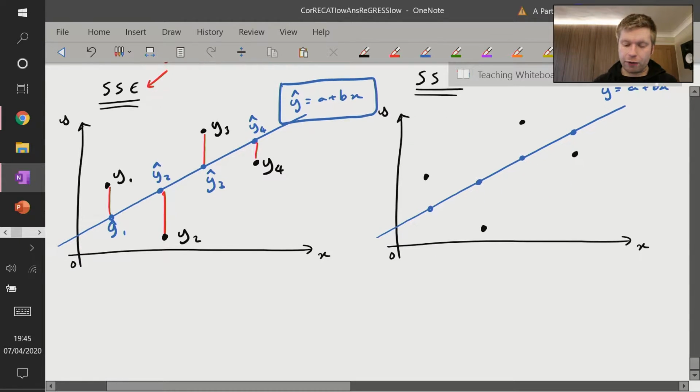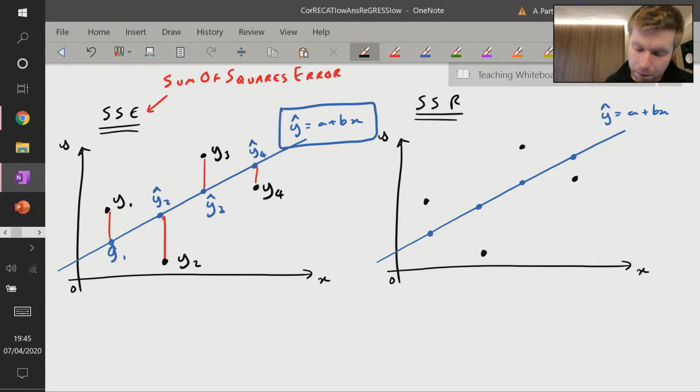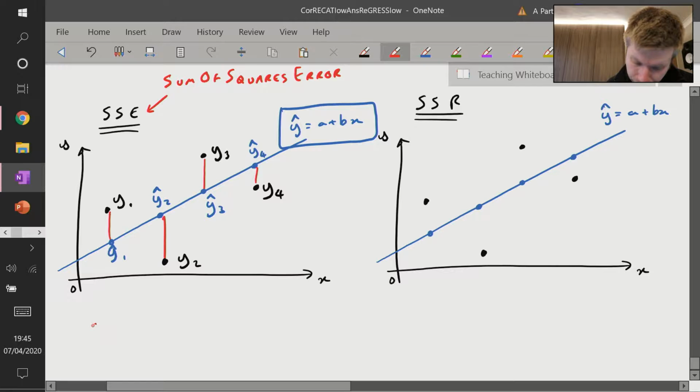So a way of quantifying the sum of the squares error is the difference between our actual data values take away our estimated data values, squared, and then added.